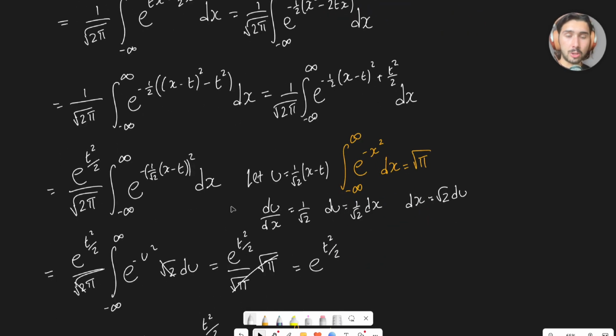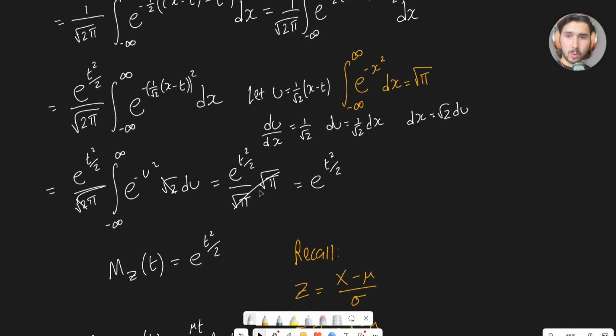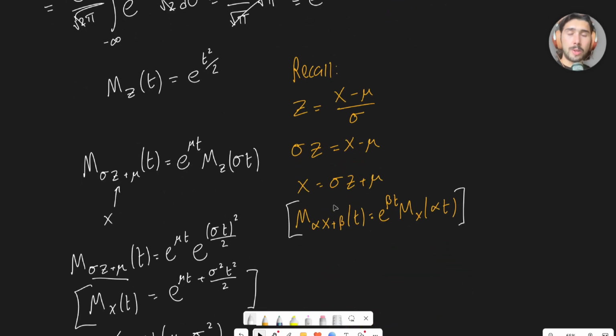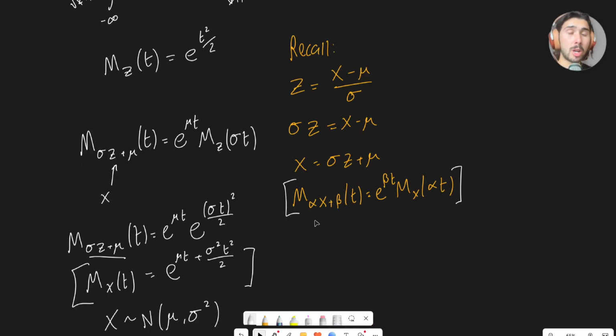We did a substitution that really helped us out there. We recalled this result that the Gaussian integral is just the square root of pi. We replaced it with the square root of pi, everything cancels out, and you get e to the t squared over 2. Then we recalled that the moment generating function of a linear function of a random variable has this property here.